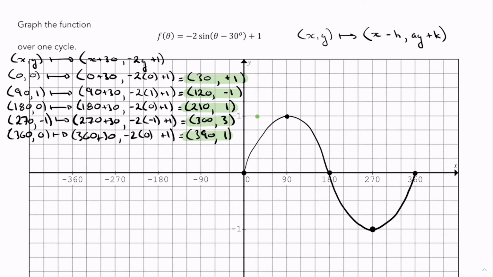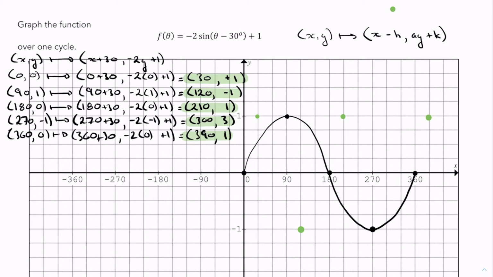The second point is 120 and -1, so that's going to be over here. Then I have 210 and 1, and then I have 270, 3, which is going to take me off the grid. It's going to be somewhere up here. You won't be able to see it actually. And 390 and 1, so 390 is going to be here, and there we are.